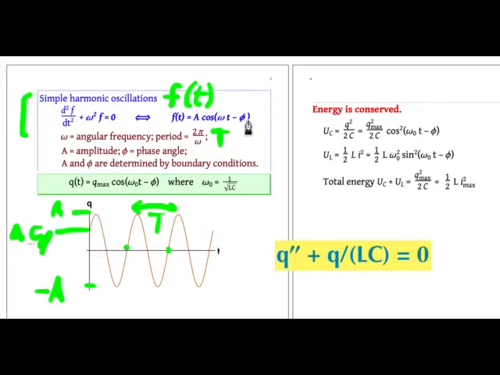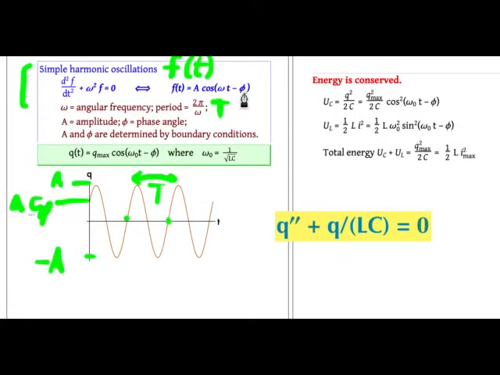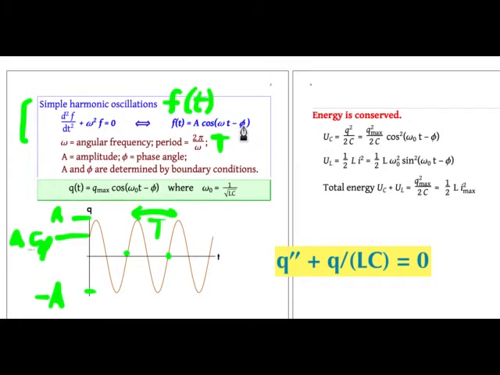That would correspond to phi equals 0. Or it could start at a node. That would correspond to phi equals pi over 2. Or it could start at the minimum. That would correspond to phi equals minus pi or plus pi. So the value of the phase angle determines where the oscillation starts at time 0.